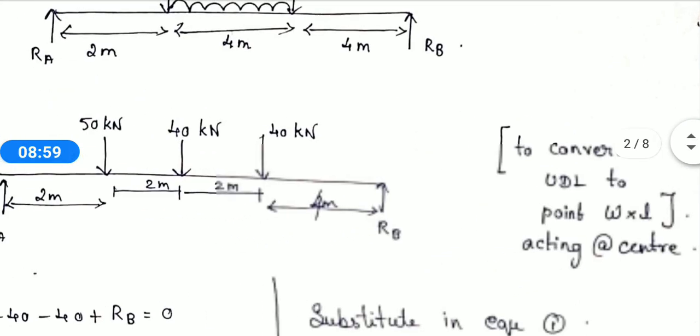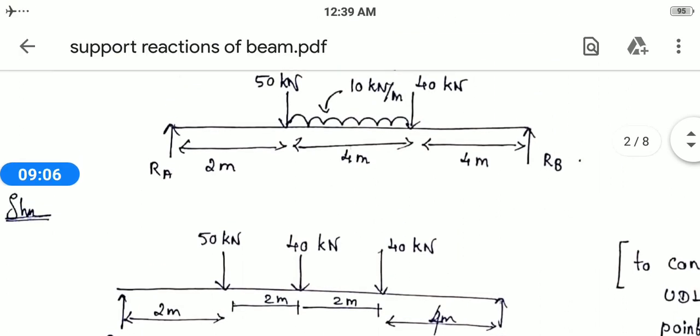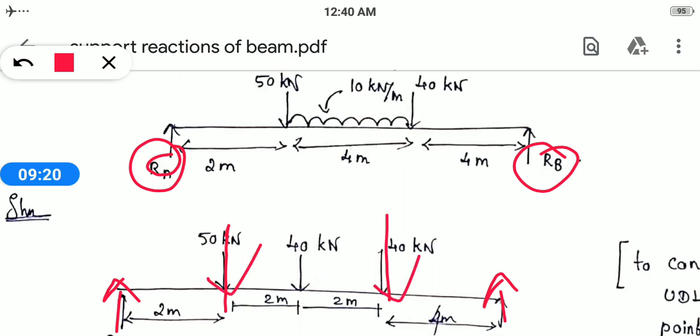Now I am plotting a diagram from the question. See, there are two reactions, that is RA and RB. I am marking RA over here and RB over here. Two loads, that is 50 kilonewton and 40 kilonewton. Now the only condition we have to follow is to convert the UDL into a point load.